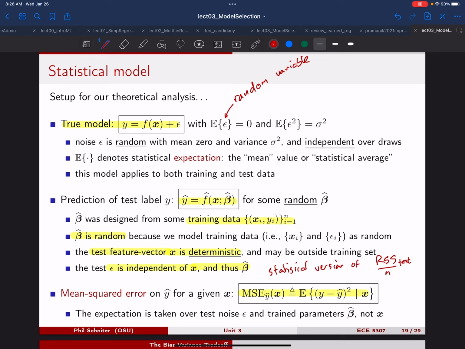I'll actually write here test RSS over n test, where I have n test samples and I'm averaging what happens. And I want n test to get very large. As n test grows to infinity, it turns out by the law of large numbers that this quantity will converge to this MSE. I don't want to make it complicated. I just want to provide a connection between this mean squared error and the stuff we were doing before.